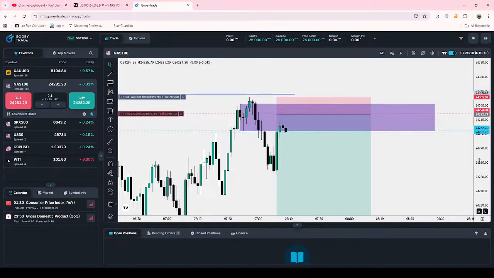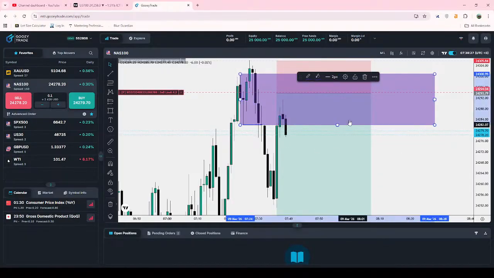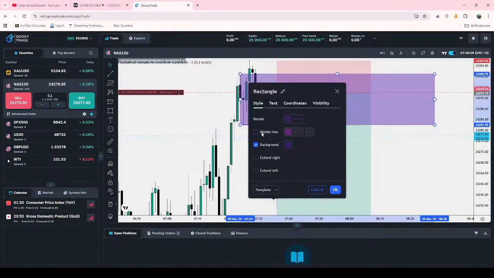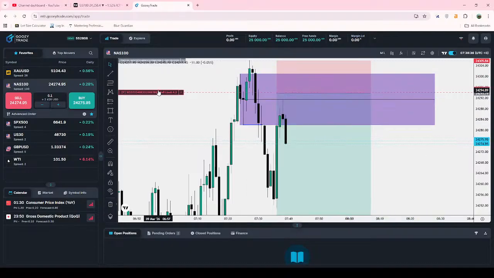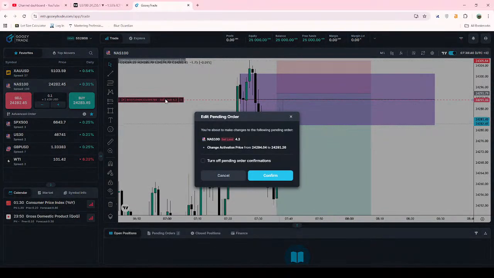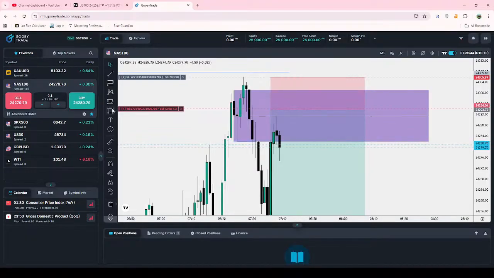Now let's see if we can do something here. I think that our entry should have been somewhere here, but we will have this entry here because we have an inversion fair value gap here.